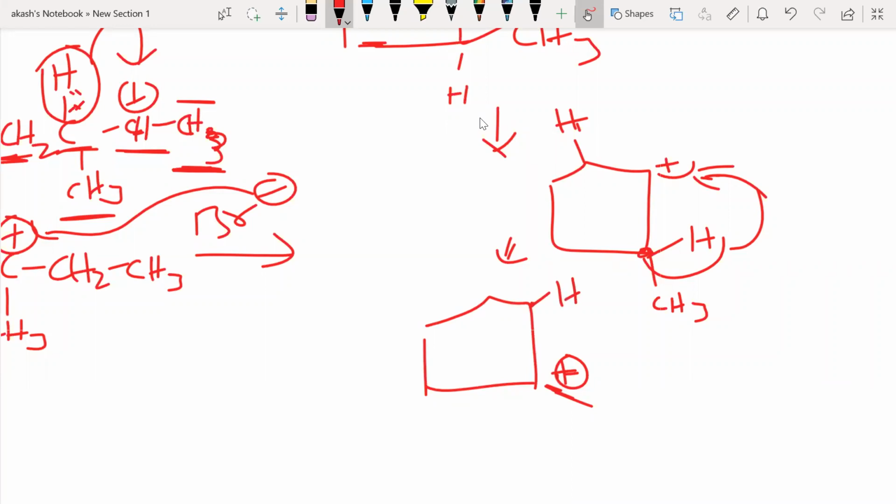If I just mark this hydrogen with an asterisk, this hydrogen has actually come to this position. So again, what do you see? The secondary carbocation is getting transformed into a tertiary carbocation, right? So again, this is an example of hydride shift.